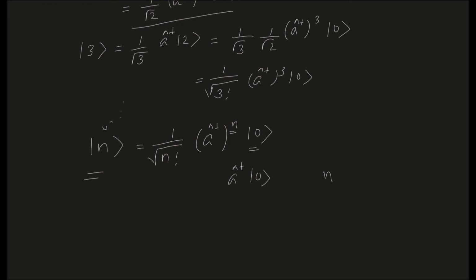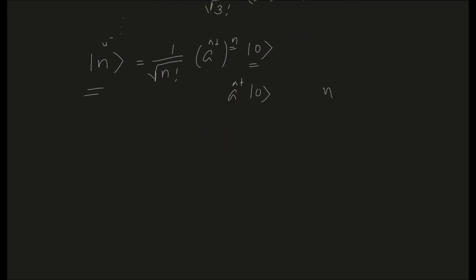Okay. Now any kets n and n prime corresponding to different eigenvalues must be orthogonal, because it's a property of the eigenvalue equation with Hermitian operators. So you can say that the inner product between n prime and n is equal to delta n prime n.